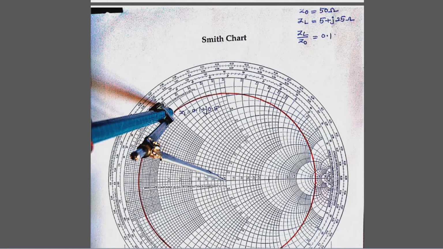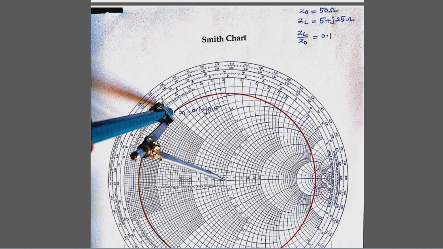Then we will go with the origin. Already we have gone through the 0.1 axis. From the center, this is the center of the chart, the values go 0.2, 0.4 like this, and 1 is the middle value.